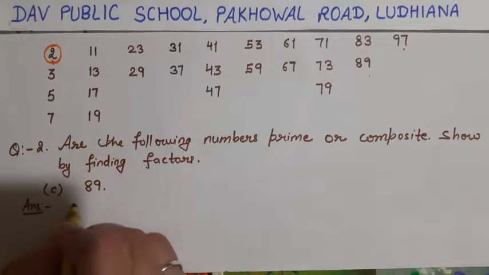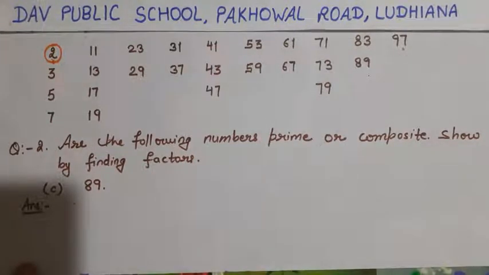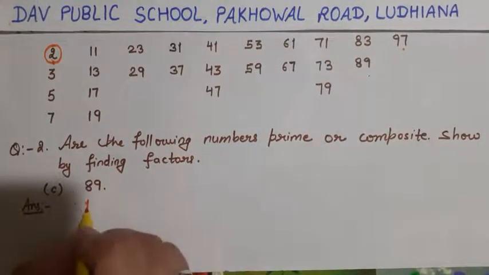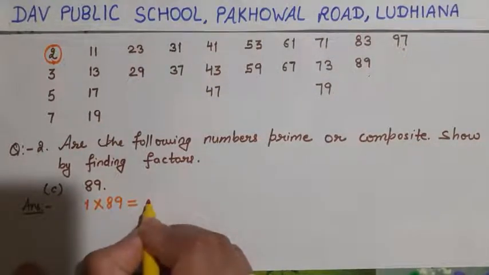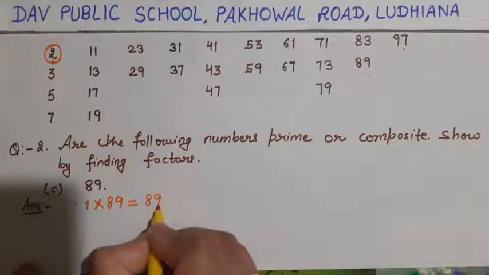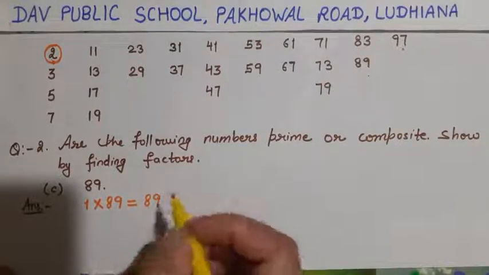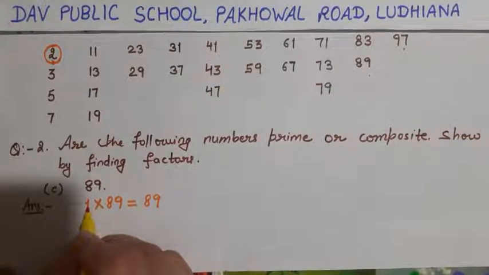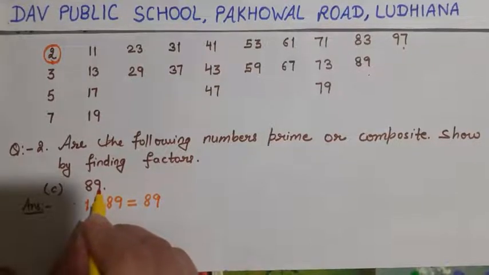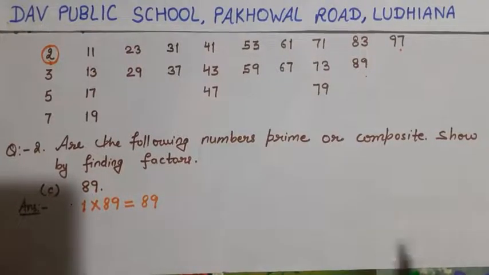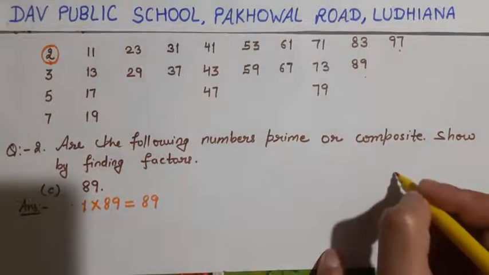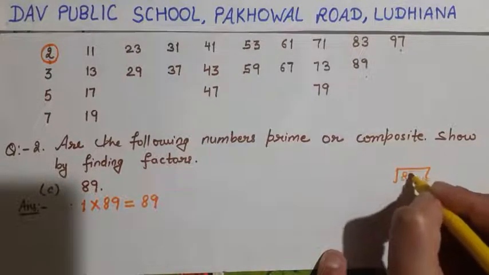We will start from 1, right? 1 multiplied by 89 is 89. Now, check in table of 2. Does 89 come in the table of 2? No. Next number is 3. You can check in your rough work by dividing like this.